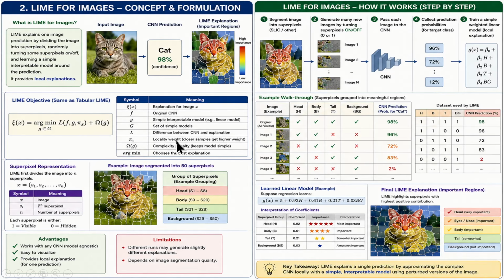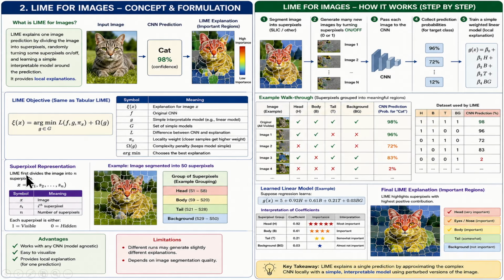Here you can see the locality weight, some weight you specify with respect to this x. And here you see this complexity penalty. It keeps the model simple. Some kind of penalty like a regularization technique will be there, no? Lasso, ridge. In that similar form, here also we have a penalty. And let us look at the procedure.